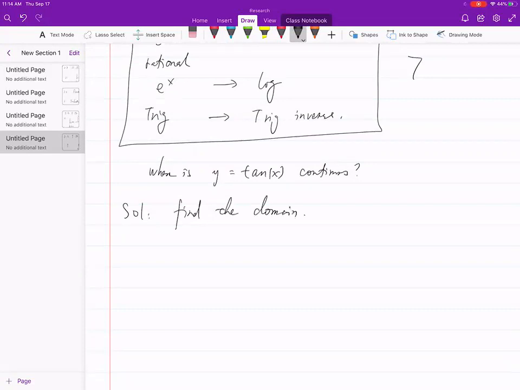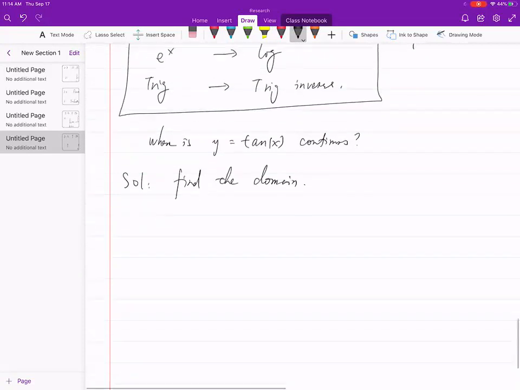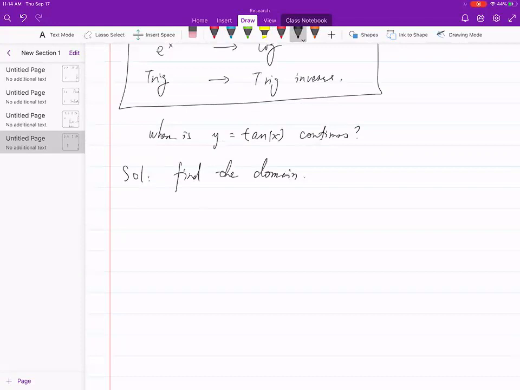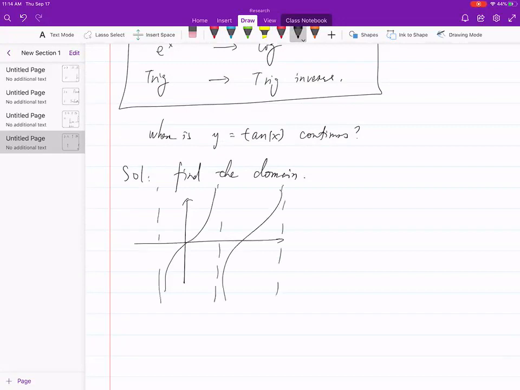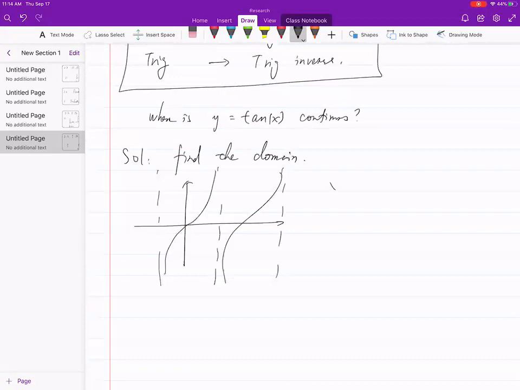Once you find the domain, it's continuous on the domain. Therefore, for tangent x, we know x can be anything, but x cannot be pi over 2 plus n pi, where n is any integer.